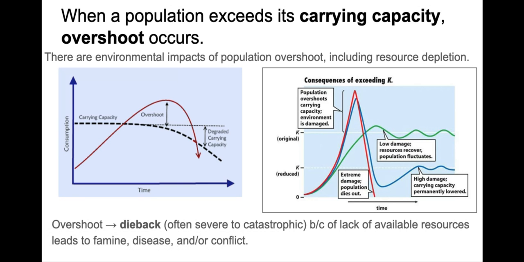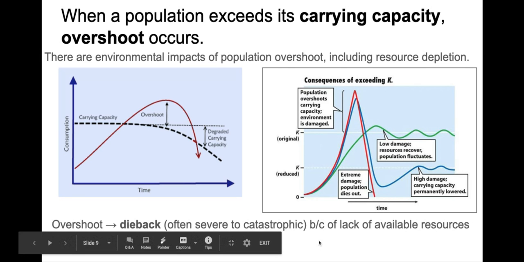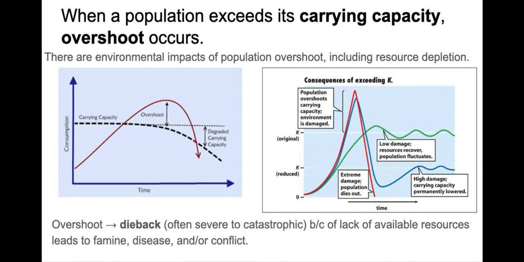Now, these overshoots will lead towards the dieback, which is often catastrophic because the resources won't be there for that population. So that is really hard for a population to recover, such as famine, disease, or any other kind of conflicts that population might have. So it's not okay to have those overshoots.